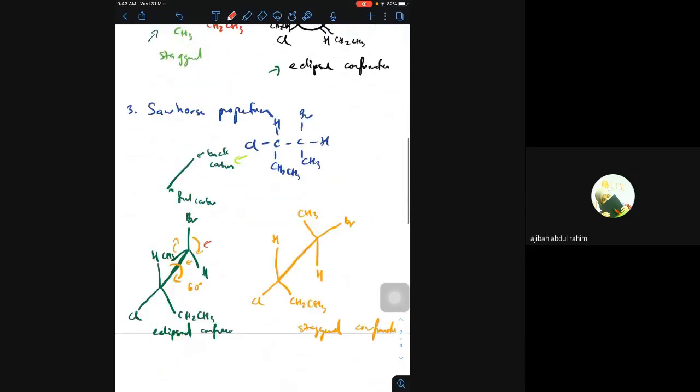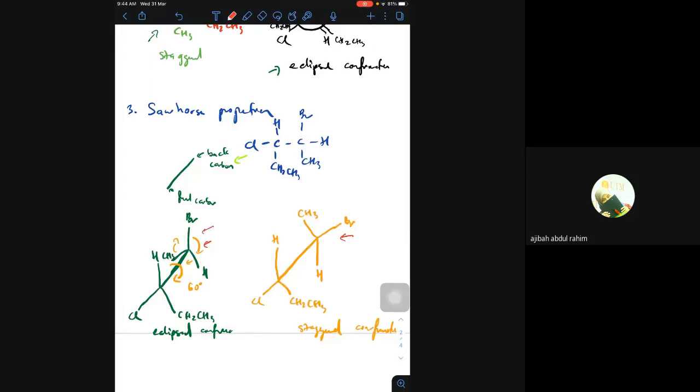And for the sawhorse, draw the straight line first, before drawing all of the bonds at the two chiral carbons. Then, whether it is eclipsed or staggered, you can start putting the atoms or groups of atoms at the back carbon.